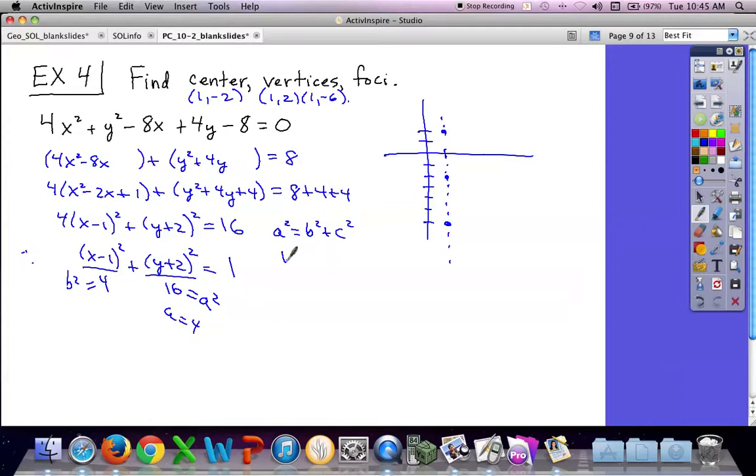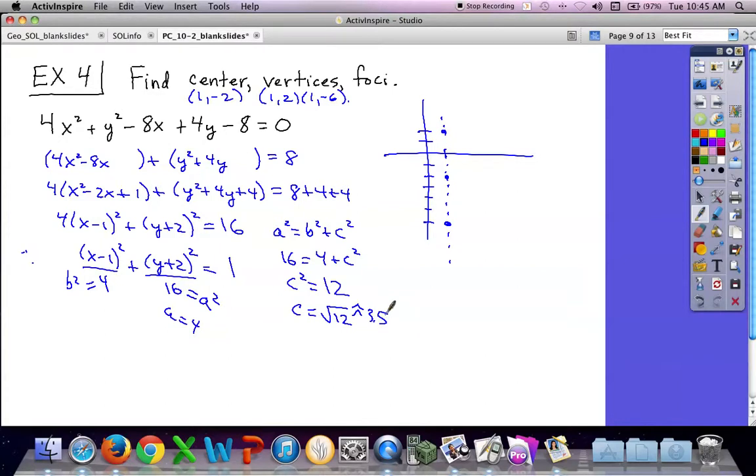So a squared equals b squared plus c squared. a squared is 16 equals 4 plus c squared. So c squared equals 12. If you turn that into a decimal, just a minute. It's c equals the square root of 12, which is about 3.5.